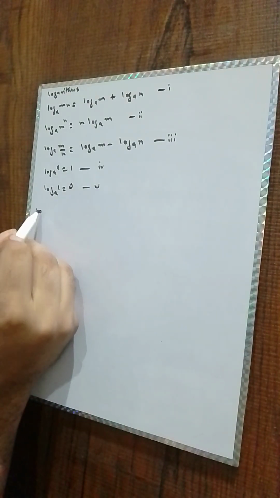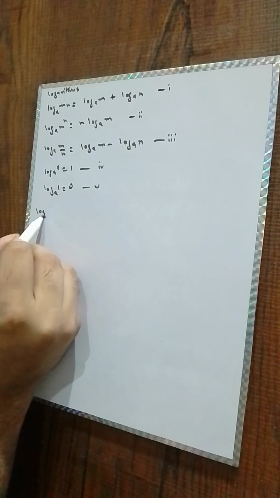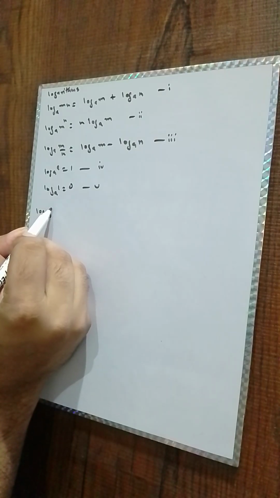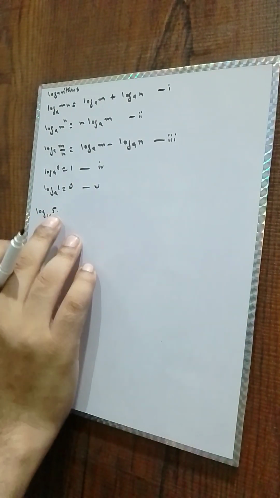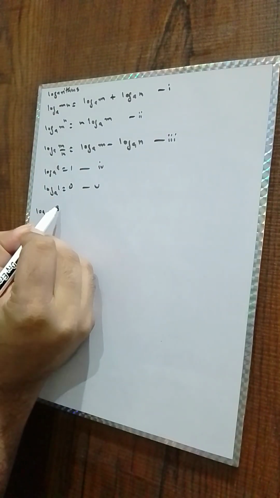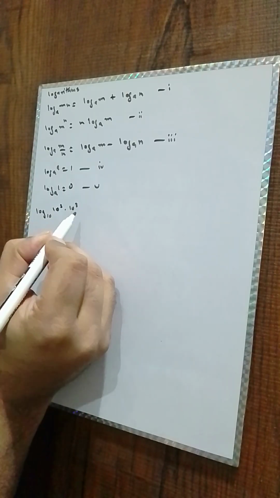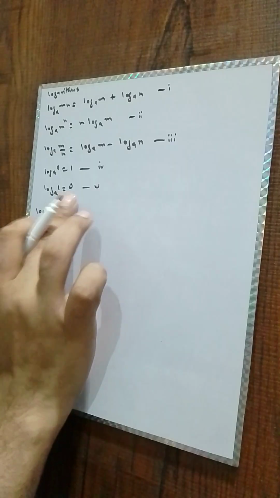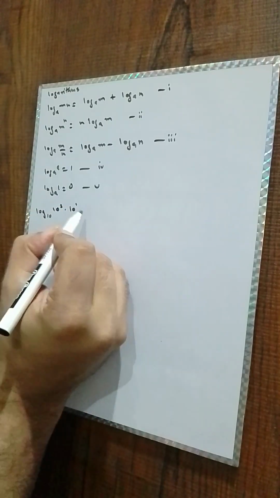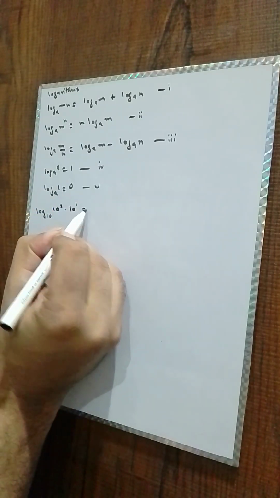To use the first one, let's say log base 10 of 10 to the power 2 times 10 to the power 3. So this will be equal to what?